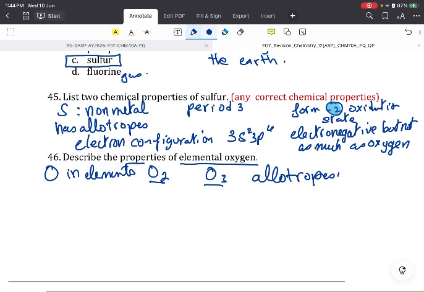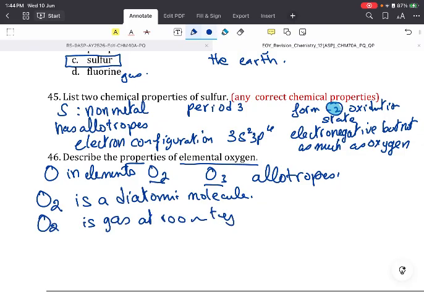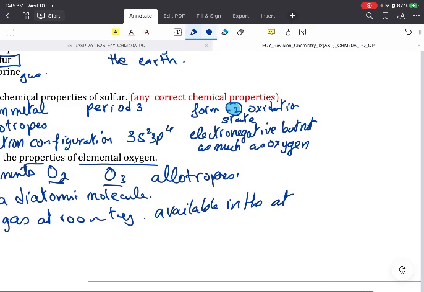Let's discuss some properties. O2 is a diatomic molecule. O2 is a gas at room temperature. O2 is so much available in the atmosphere.